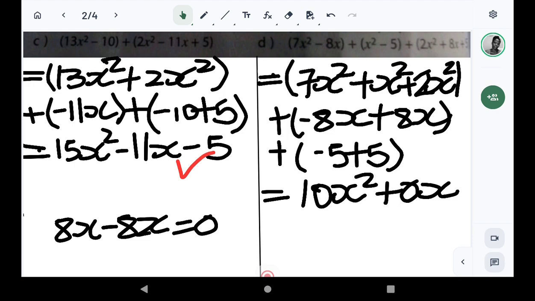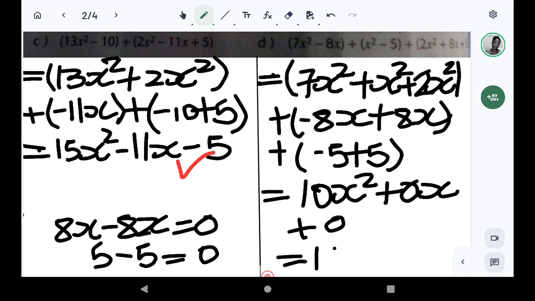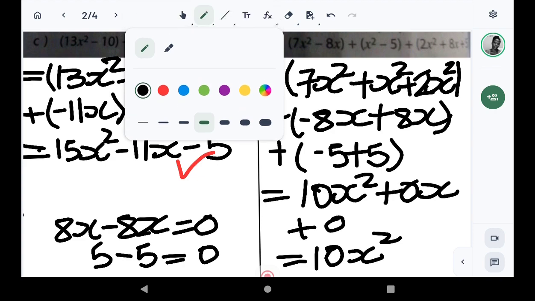Negative 5 plus 5 is the same as 5 minus 5, which equals 0. So the answer is 10x squared, because 0x and 0 are simply 0, and that is your answer there.